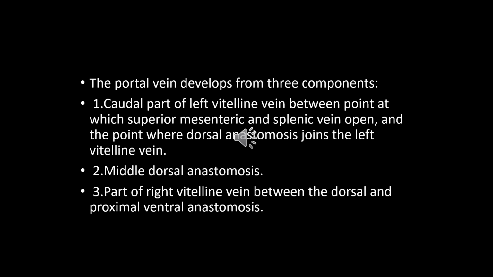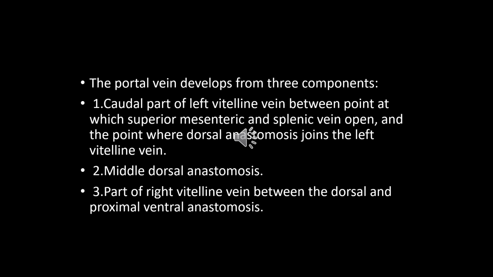This is what you are expected to write when you are asked to add a note on the development of the portal vein. So draw a sketch diagram as I told you: two vertical lines, and in between you keep the duodenum and join them with an interrupted line, the dorsal anastomotic channel, and the liver you can draw like an alphabet L and join them, and start to describe.